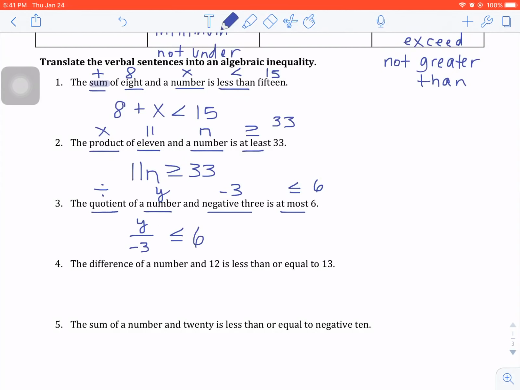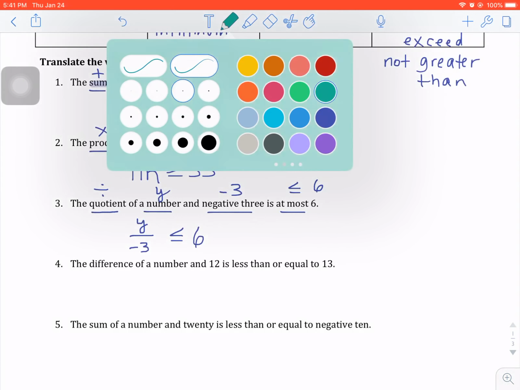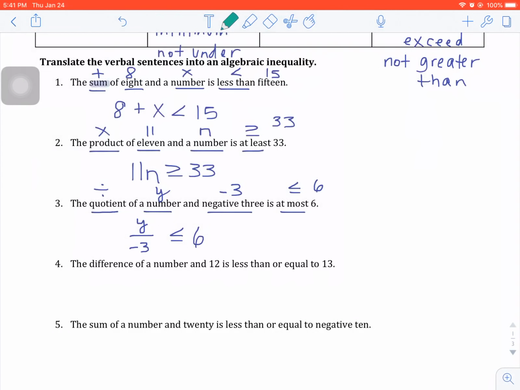So since I don't have a lot of space between number 3 and number 4, I'm going to go ahead and use a different color ink so that you can tell the difference of the problem I'm working on. So number 4 says the difference of a number and 12 is less than or equal to 13. So what operation is going to be associated with difference?